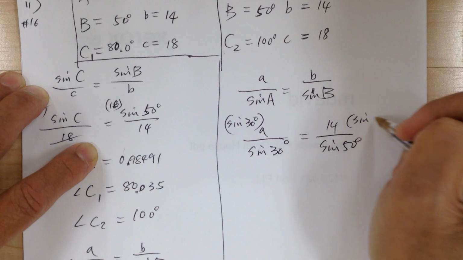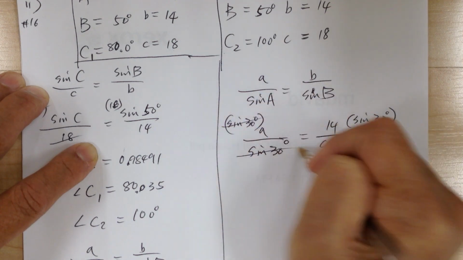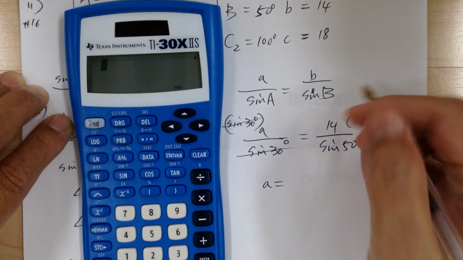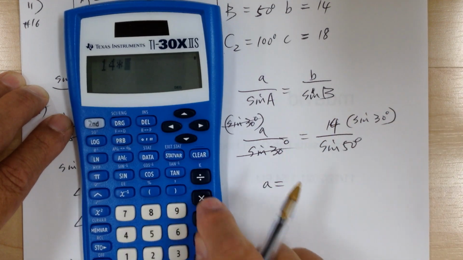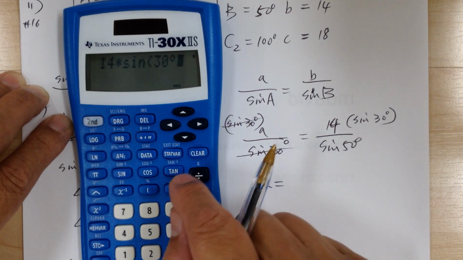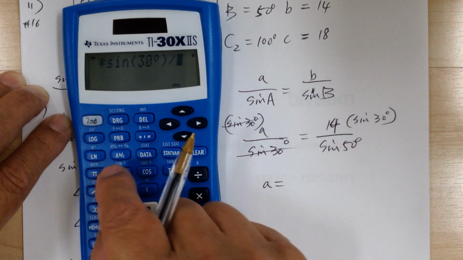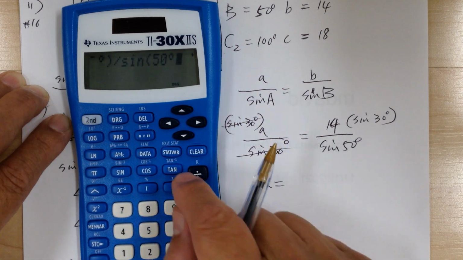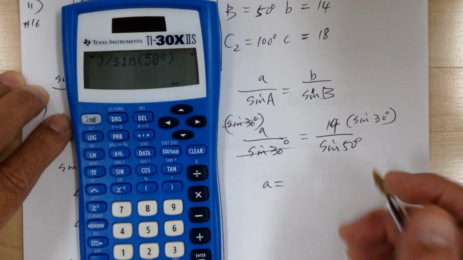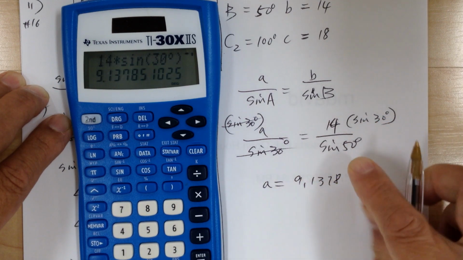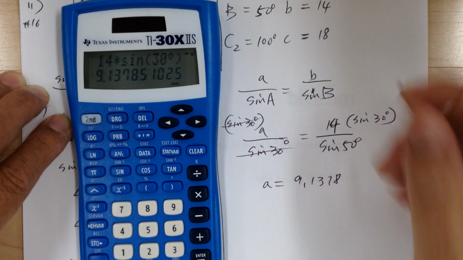Multiply by sine of 30 degrees on both sides, so it cancels out. So a equals 14 times sine of 30 degrees divided by sine of 50 degrees, equals 9.1378, which to two decimal places gives 9.14.